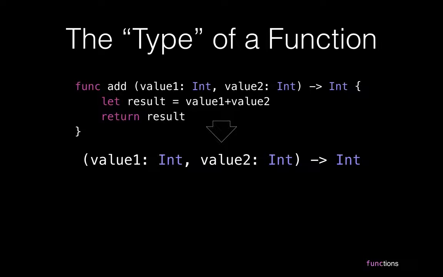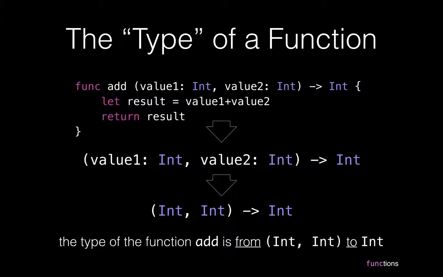Once we've done that, we can just remove the argument labels, and then we end up with the type of this function. So the type of the add function here would be int to int. The way we say or read this out loud is that the type of the function add is from int to int. So that's the way we say the type of a function.